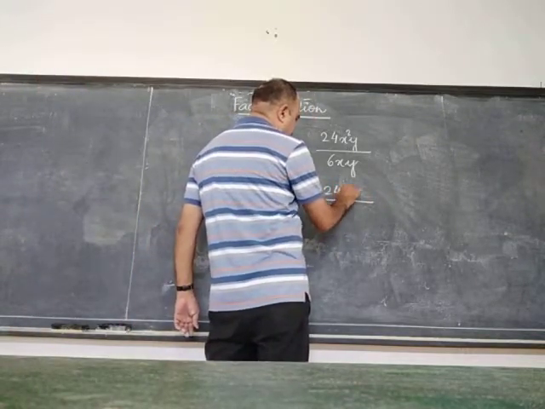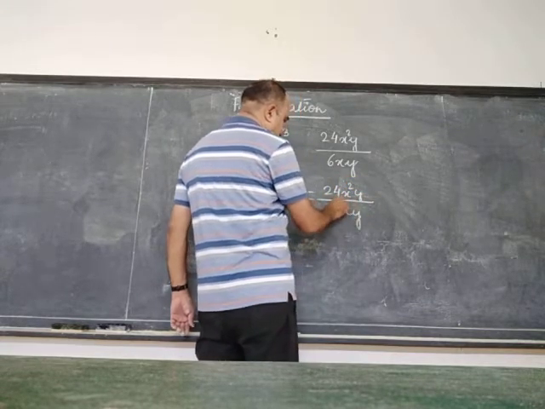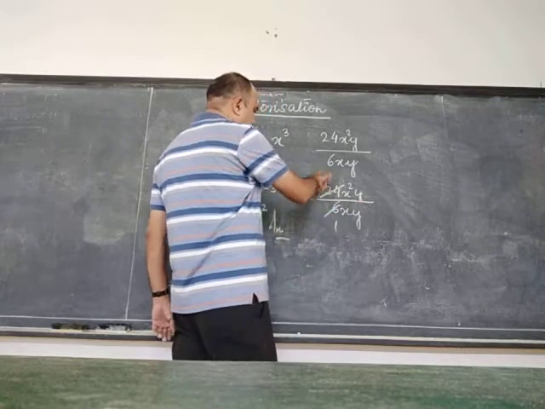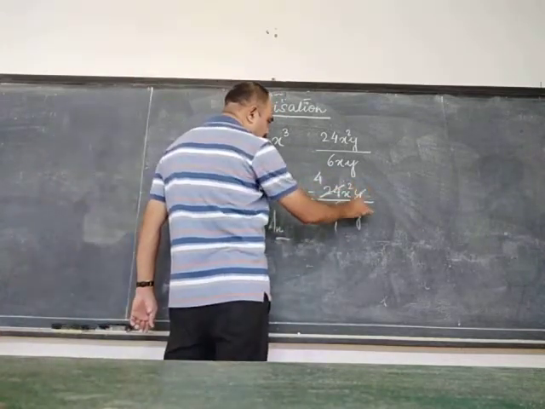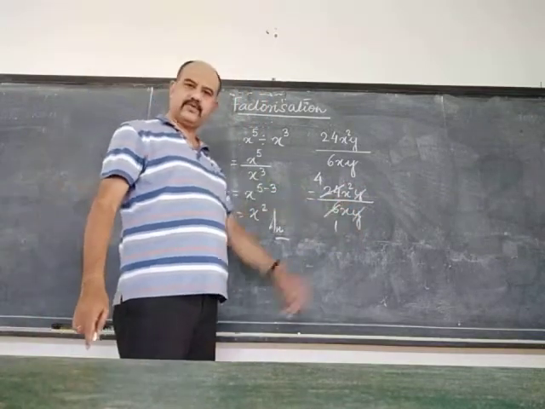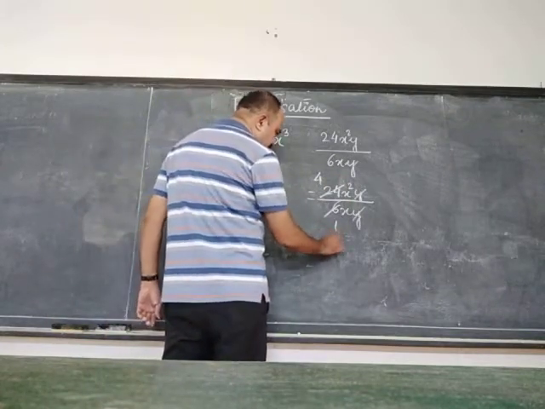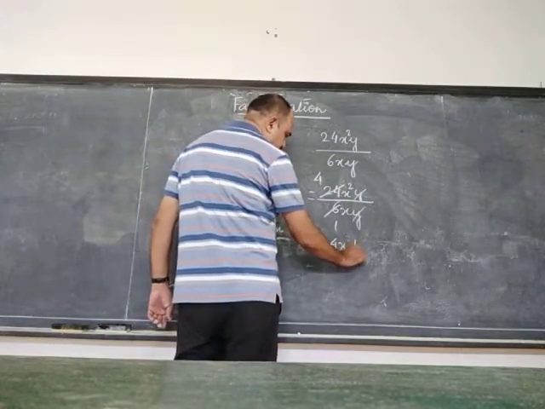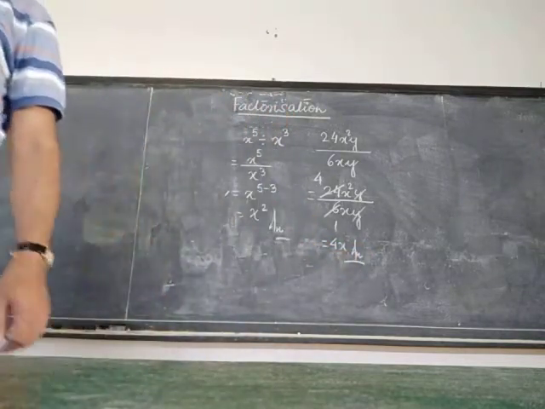This is the question only. Here, 6 into 24, the numerical part, I have reduced. I can reduce this y because both y carry the same power. But I cannot reduce x and x square because they are with different powers. So I am getting 4x. This is the required answer.